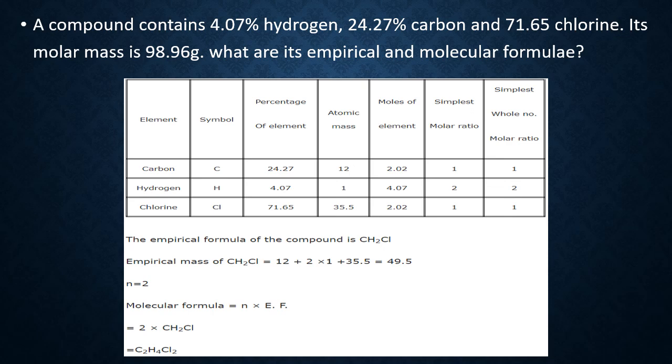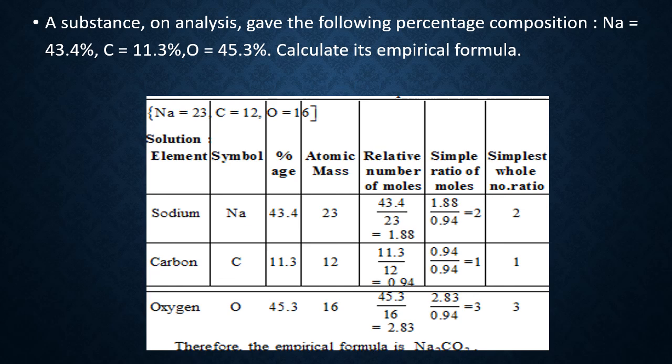I think it is made clear, but still we will go for one more example. A substance on analysis gives the following percentage composition. Now you see the composition and see the table. Three different kinds of elements, their symbol, their percentage composition, their respective atomic mass. So divide the percentage by the atomic mass, we will get the relative number of moles.